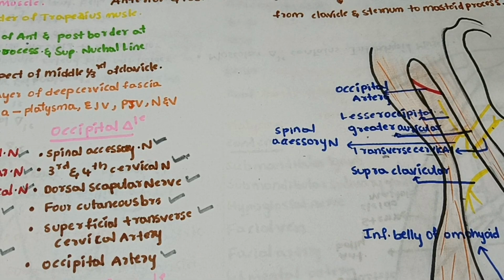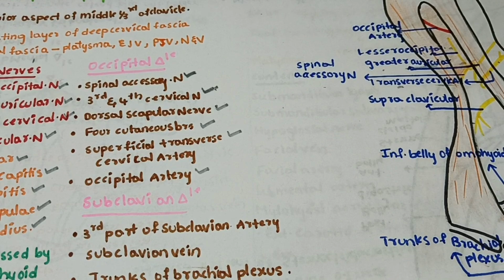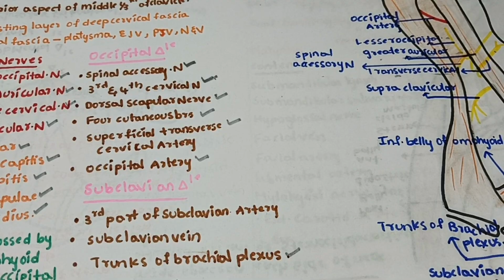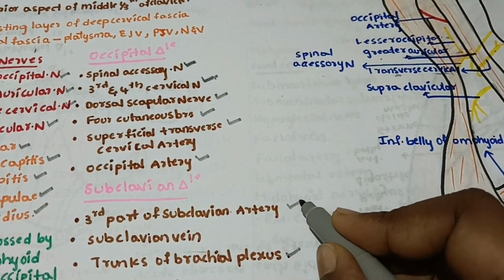So what are the structures present in the subclavian triangle? Mainly the trunks of the brachial plexus. The brachial plexus contains roots, trunks, divisions, cords and branches, and the trunks are laid in the subclavian triangle. The third part of the subclavian artery.